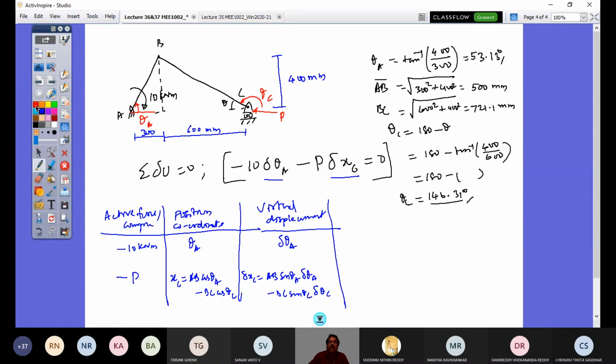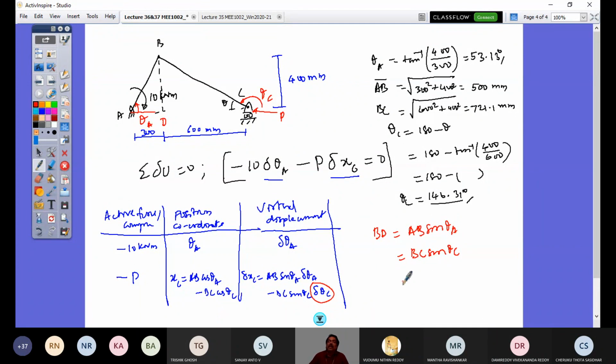So how do I do that? For that, let me define a point D here. So this BD vertical distance can be expressed in terms of both coordinates, right? I can write this BD as AB sine theta A, or that would be the same as BC sine theta C, right?